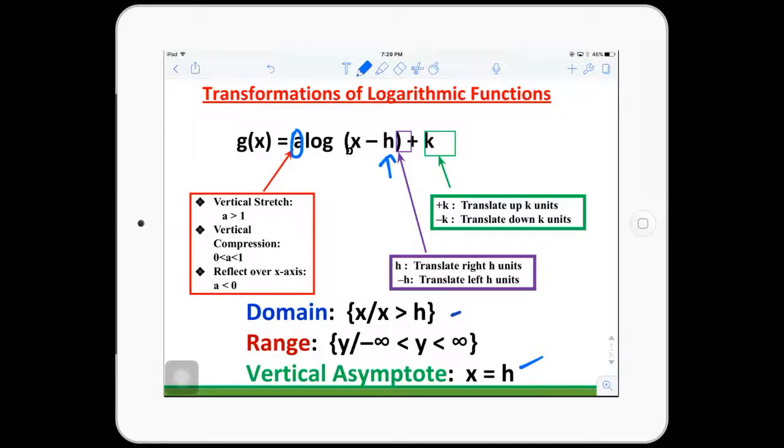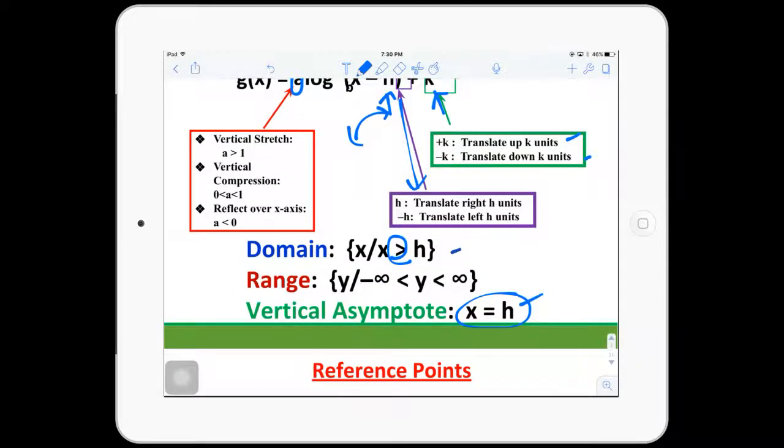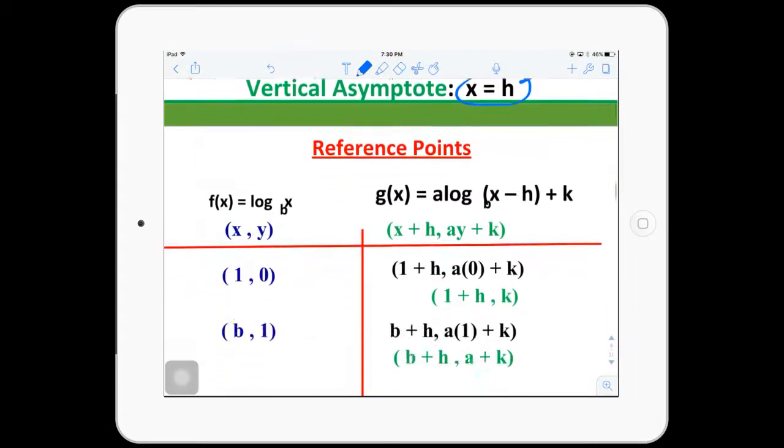The graph goes to the right-hand side, so the domain is x greater than h, and you have a vertical asymptote at x equals h. And then k, the number in the back, tells us whether the graph goes up or down. So left, right, and up, down. That should be very familiar, because we've been learning that all year long.